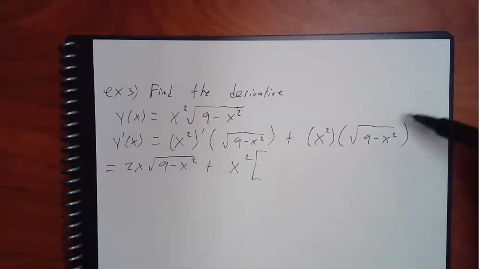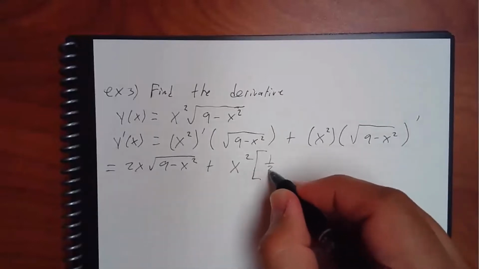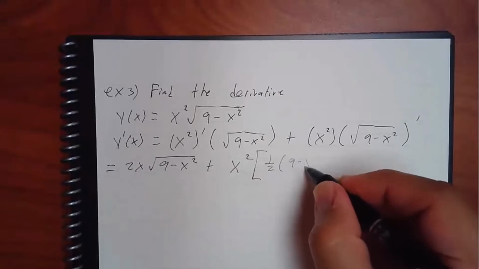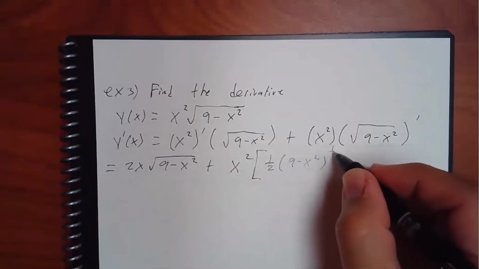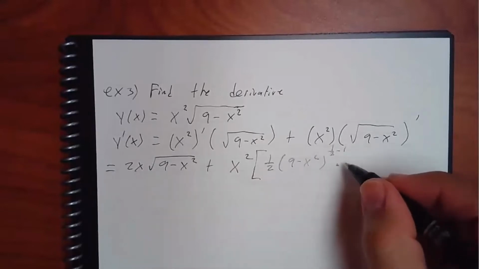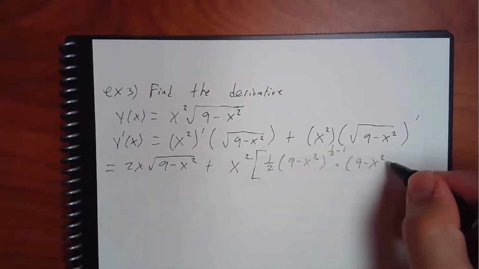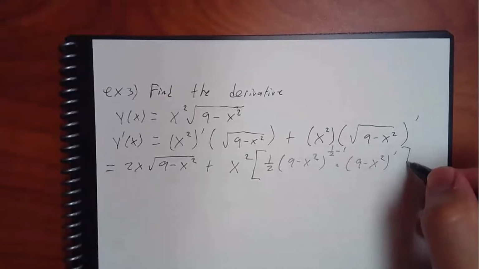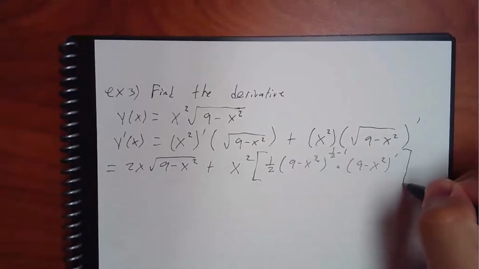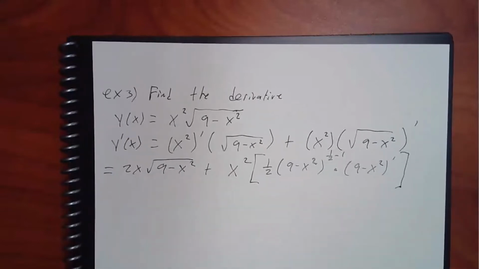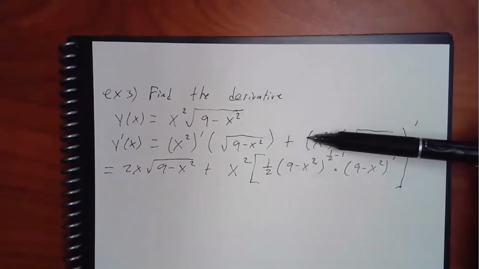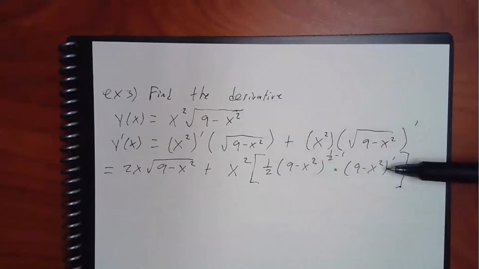So it changes to a 1/2, and you're going to get 1/2 times (9 minus x squared) to the 1/2 minus 1 times the derivative of 9 minus x squared. Any questions from the beginning of that product rule step, and then when the chain rule triggers here?